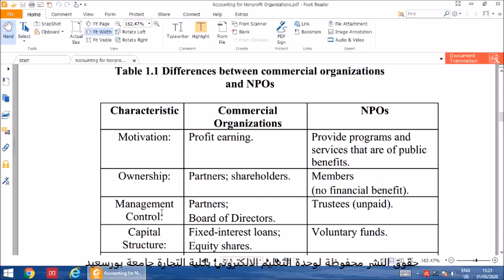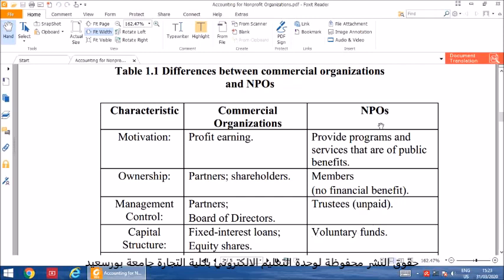Third feature, management control. Under commercial organizations, partners, board of directors. Under non-profit organization, trustee, unpaid. Capital structure, loans, fixed interest loans, or equity shares.